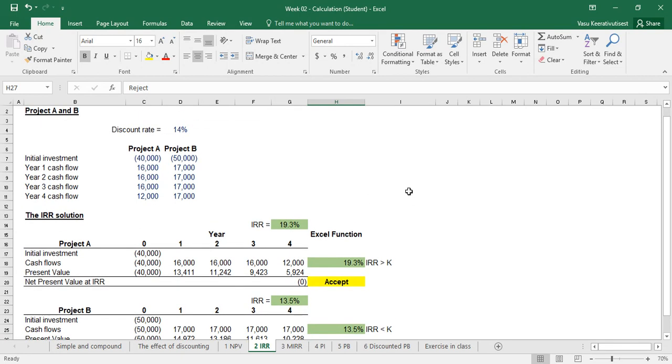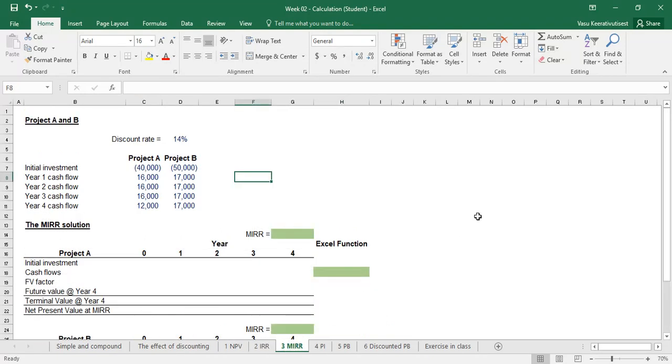Okay, so remember in this part we try to use Goal Seek and we use the IRR function. This is very practical and helps us to calculate those financial returns easier. In the next part we will talk about MIRR.